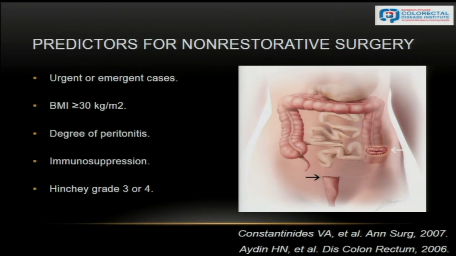And there's nothing wrong with that, because the predictors for making this procedure, the Hartmann procedure, are of course the emergency setting, and usually these cases would come in the middle of the night, and BMI over 30, and the degree of contamination, of course, it would be purulent, and sometimes fecal contamination, and the immunosuppressed patient, and Hinchey grade 3 and 4.